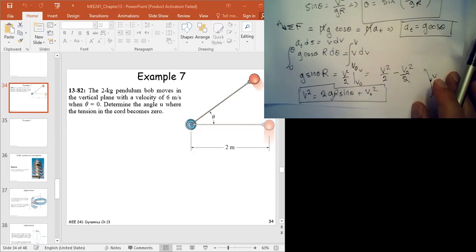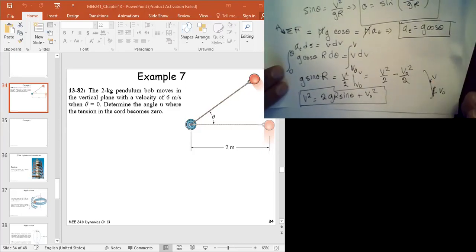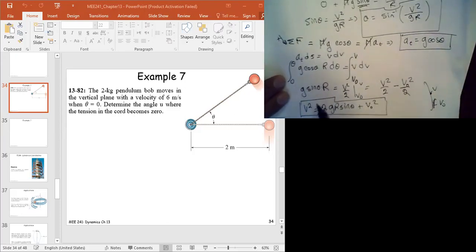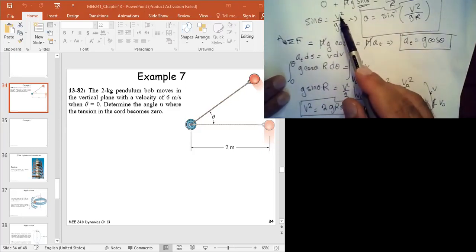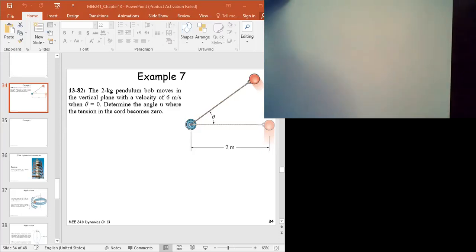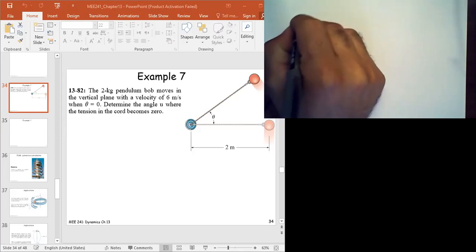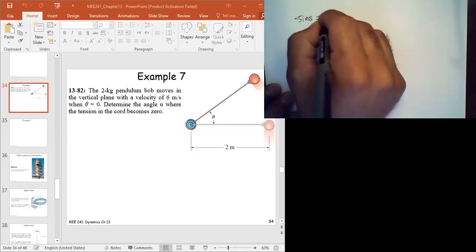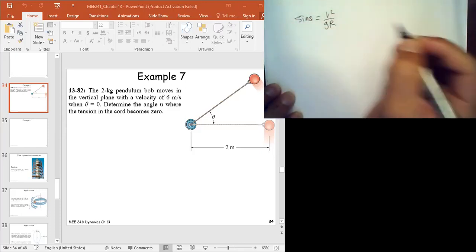Once we find v, we plug it into the equation we found before. Bravo, exactly. So I have this v squared, and I'm going to plug it back here. Let's come back here. We said initially that sine theta will be equal to v squared over g r when the tension goes to 0.